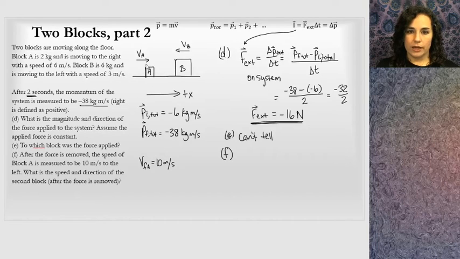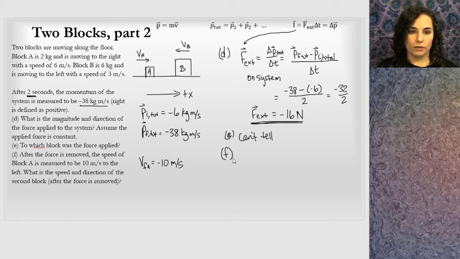Okay, so A is to the left. So let's put a negative in there, negative 10 meters per second. Block A was moving right to begin with, and now it's moving to the left. What is the speed and direction of the second block? So B, we need to find B.